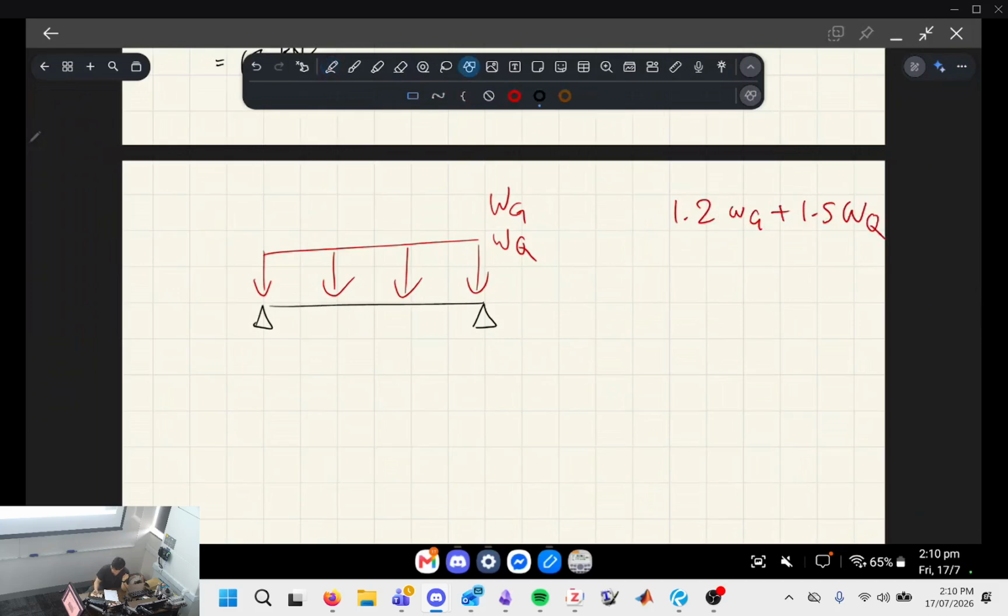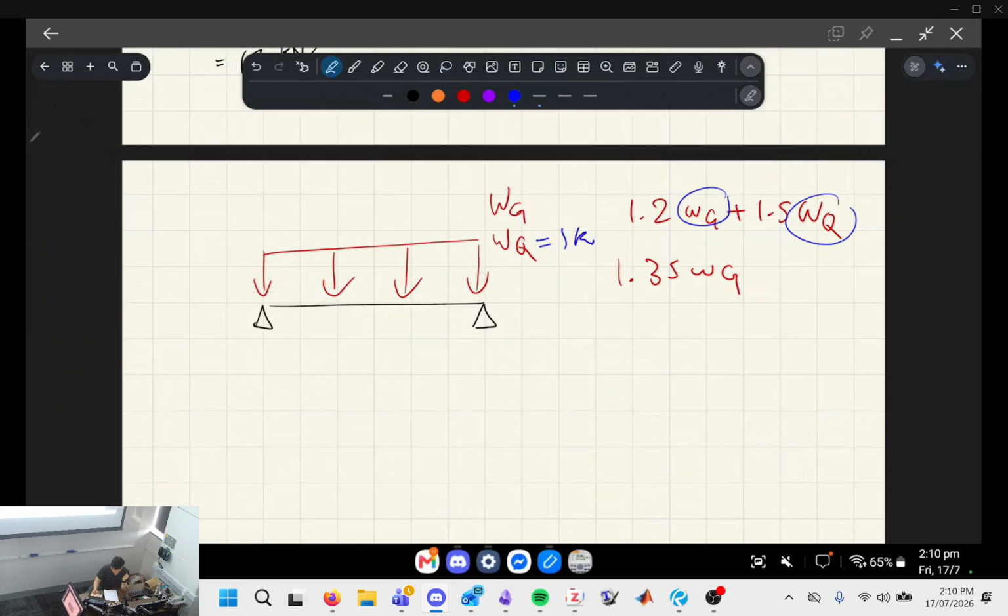If you play around with this load combination and this one, what value of G and Q will make the dead load only govern? Let's keep the live load at 1 kilonewton. The cutoff point is once the dead load is 10 times bigger than the live load.